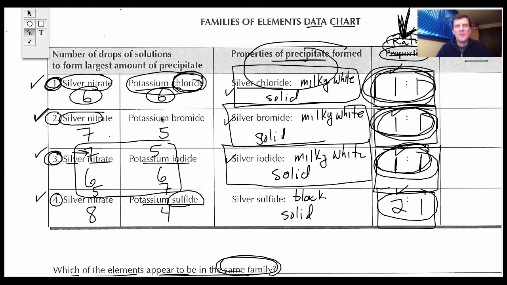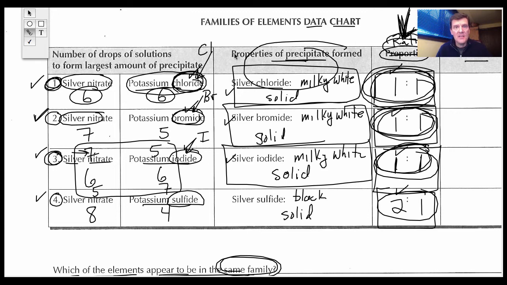Silver nitrate is combined with potassium bromide. Silver nitrate is combined with potassium iodide. So what do you have in each of these? You have chlorine, that's Cl. You have bromine, Br. And you have iodine, I. That's the only thing that's different in the first 3 combinations. So that must mean that chlorine, bromine, and iodine all react similarly.